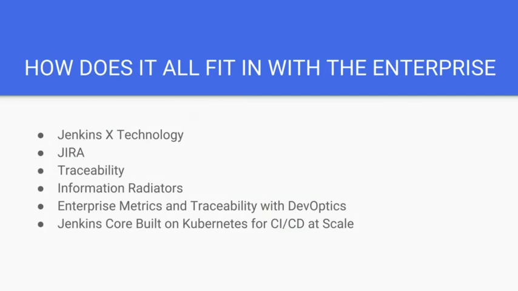And that's important beyond that even. So we would think about enterprise metrics and traceability improvements with DevOptics, which is another cloud-based product, and then taking the features and some of the technology within Jenkins X to the next level at scale, which is CloudBees Jenkins core product, which is Enterprise CloudBees, which is basically built on Kubernetes, to where you can have a master of masters and an operations dashboard that shows you all of your Jenkins environments across the Kubernetes cluster or clusters and other environments.